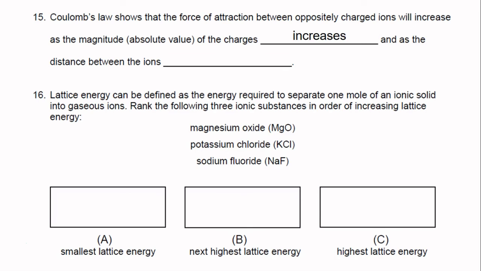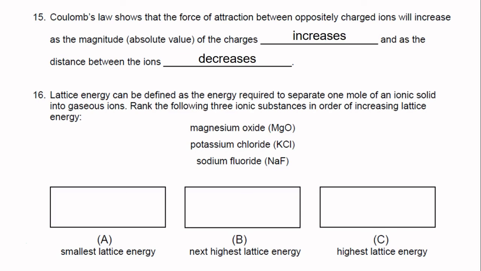Now it says as the distance between the ions, that's going to be decrease. So if the ions are farther apart, they would have a lower attraction, but if they are closer together, they have a greater attraction.